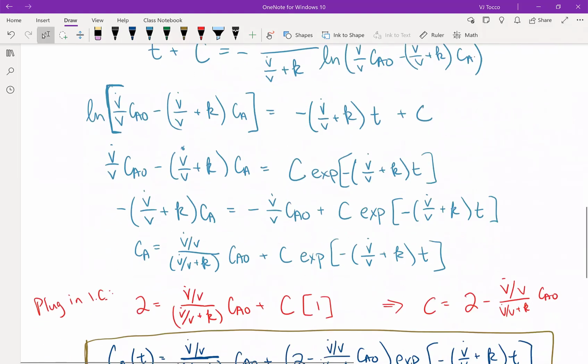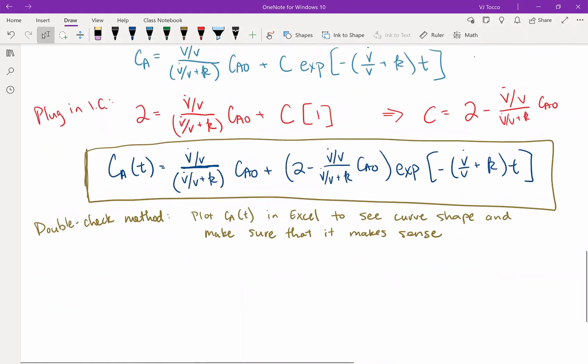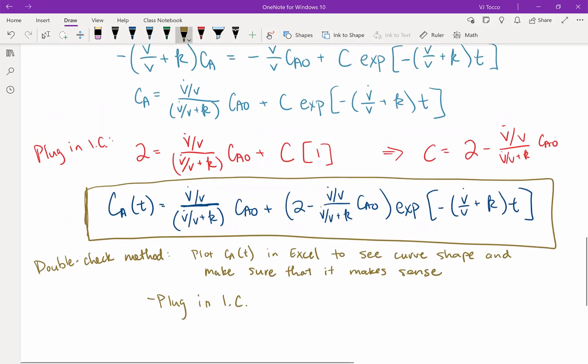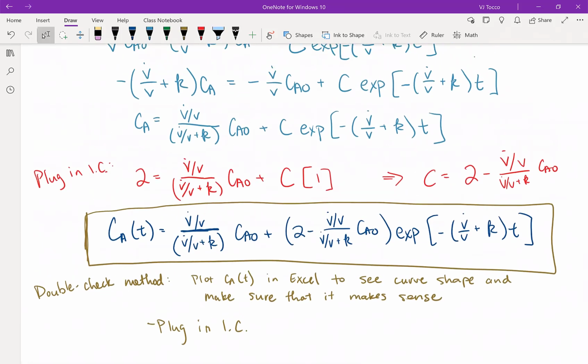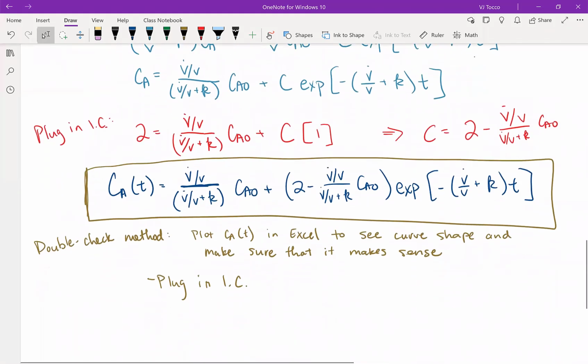Something else that I can do is plug in my initial condition and double check that it is the same value that you thought. So remember, my initial condition was at time equals 0. My concentration is 2, which I did up here in red. So I plugged that in order to find what the value of my constant C was.